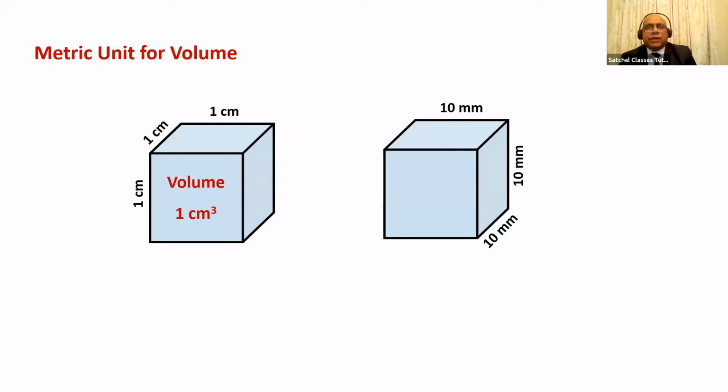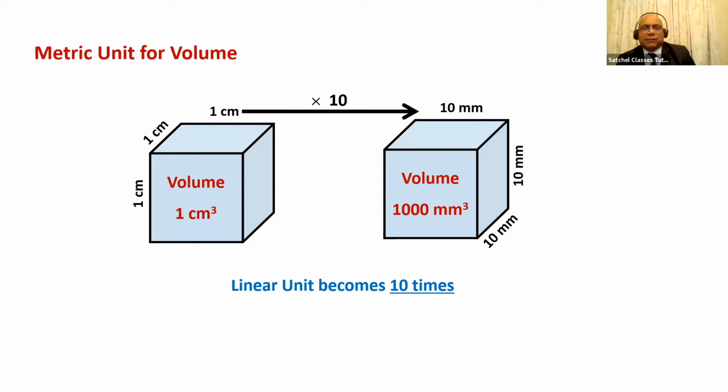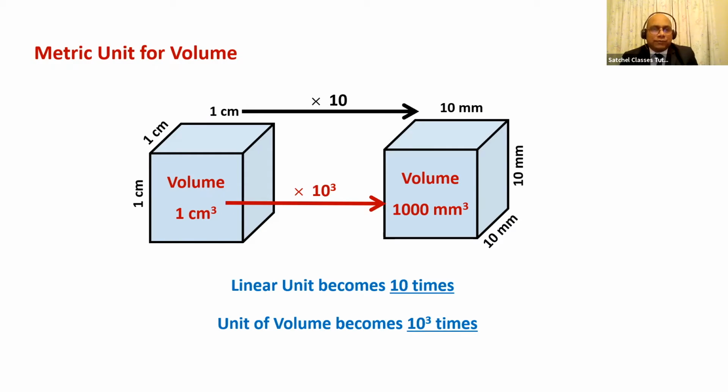It's 10 times 10 times 10, which is 1,000 millimeters cubed. And now what's your observation this time? If the linear dimension becomes 10 times, so 1 centimeter is the same as 10 millimeters, the volume unit becomes 10 cubed, right? 10 cubed is 1,000. So while area becomes 10 squared, volume becomes 10 cubed.